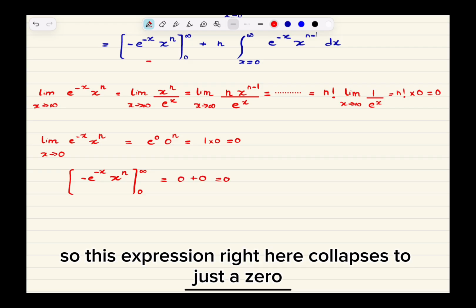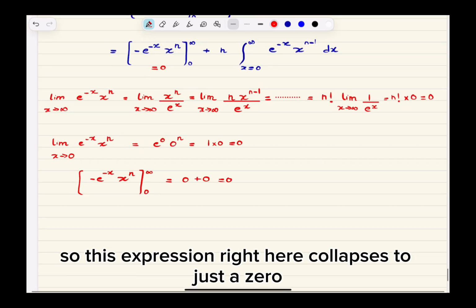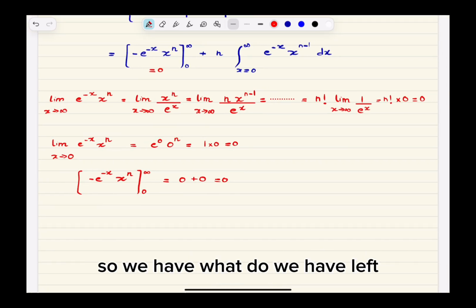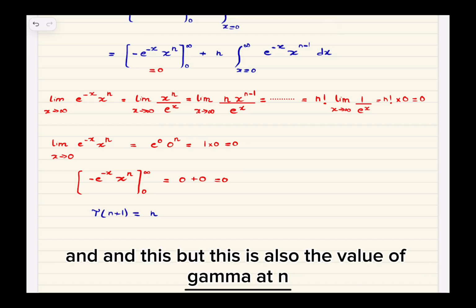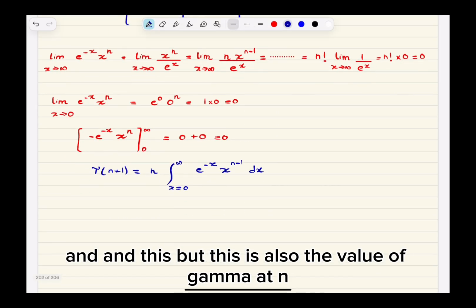So this expression right here collapses to just 0. So what do we have left? We have gamma at n plus 1 equals n times this, but this is also the value of gamma at n.